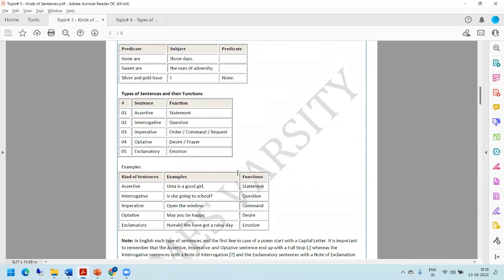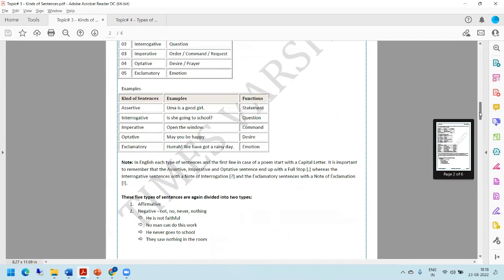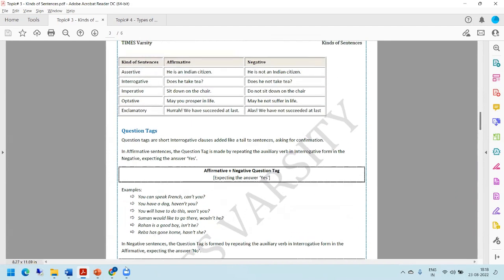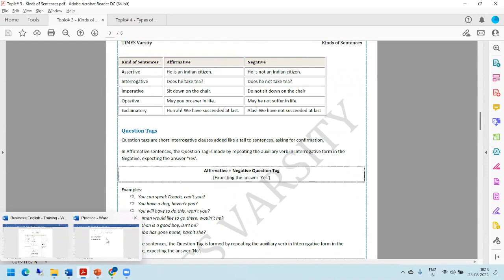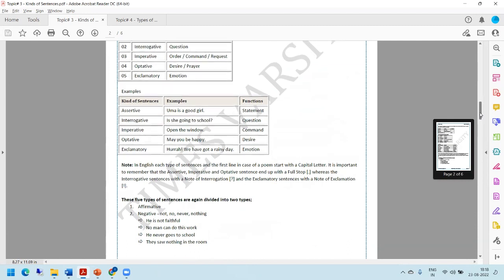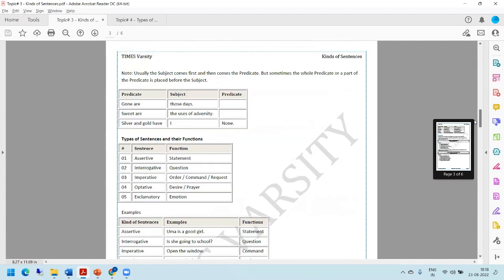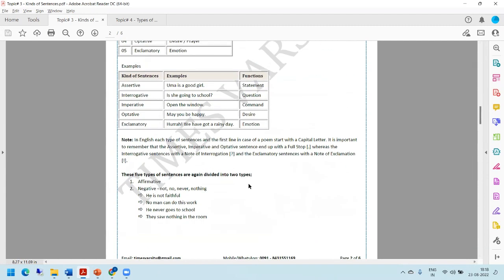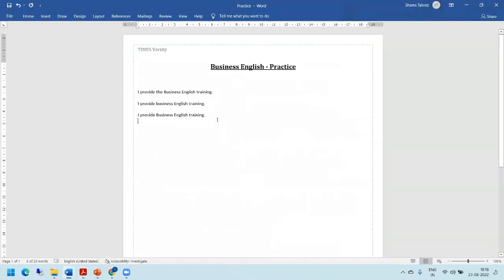Then in assertive, is it an affirmative sentence or a negative sentence? Affirmative. It is assertive, and it is affirmative, because there is no not or words like not, no, never. These words are not used. So that's why it is affirmative. Yes. Now another sentence.